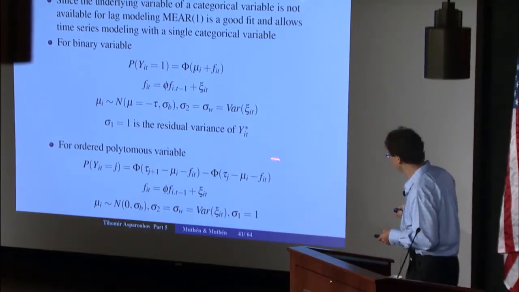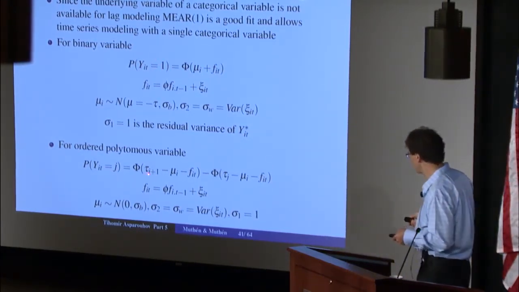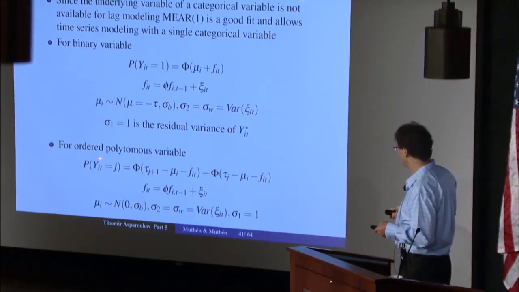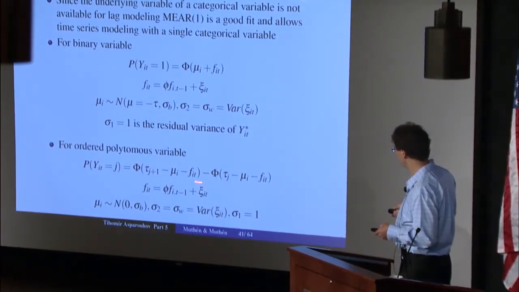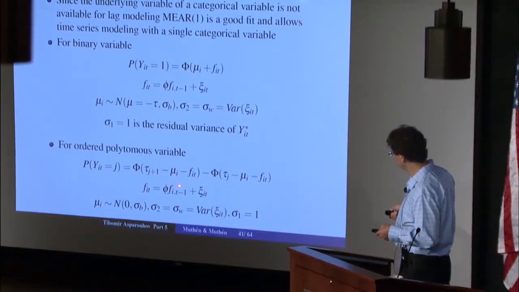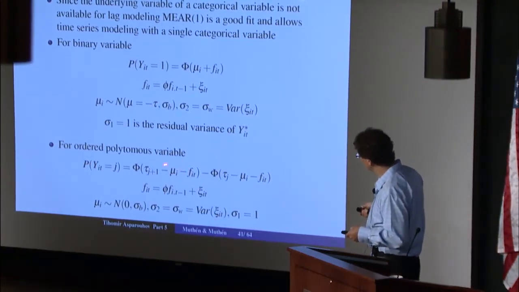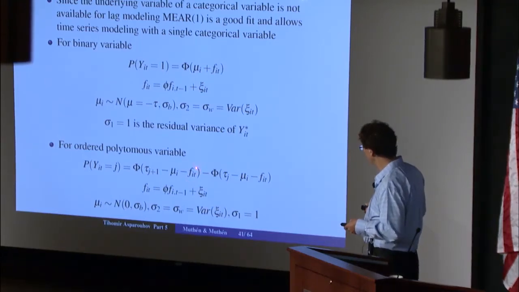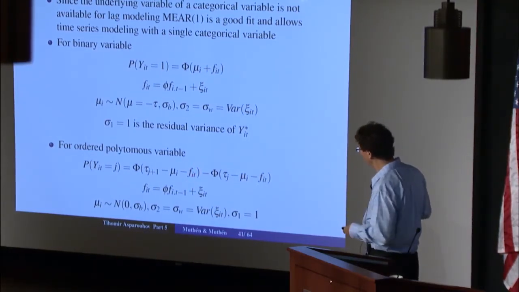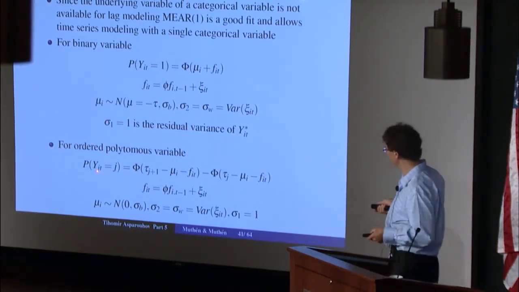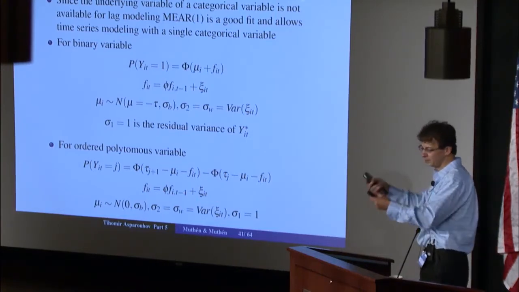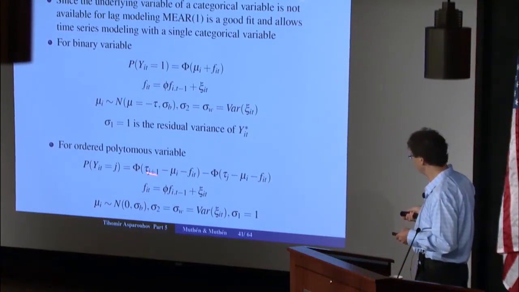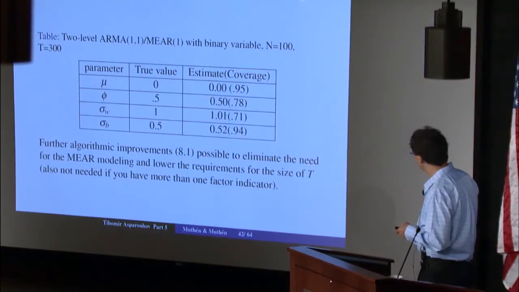With ordered polytomous variables, the same thing happens. You just have slightly different probabilities: the probability of this ordered polytomous variable being in a category is just the difference between these probit functions evaluated at the different threshold values. But essentially, you again have the random intercept from the between level, and then you have this factor from the MEAR1 model that's measured by the underlying continuous variable of the y. And then again the autoregressive equation is the essence of the time series model for the ordered polytomous variable.